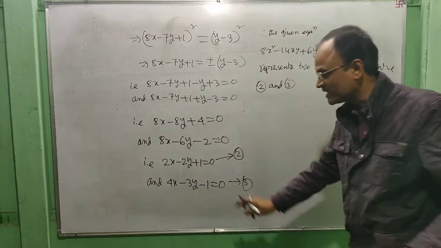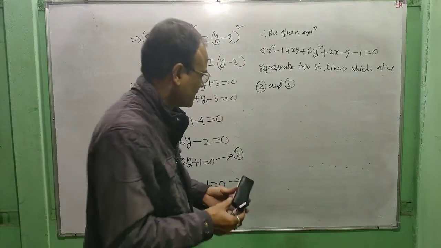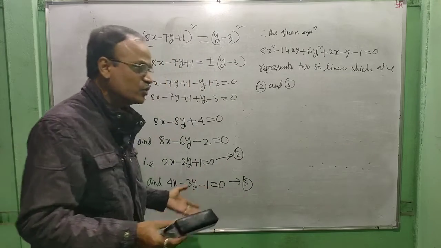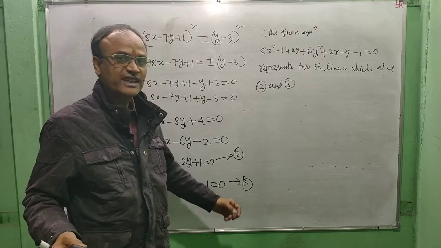Now these two straight lines, we can easily find the point of intersection between them.